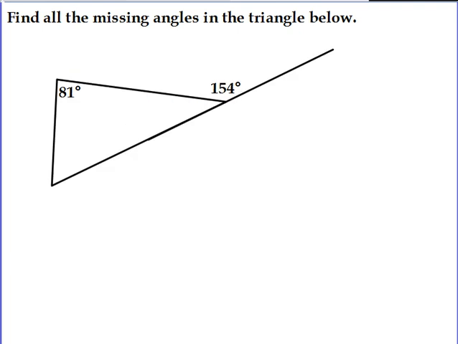Now again, we want to find all the missing angles here, so we have two angles to find. But we're only given one, so we can't subtract those from 180 just yet. But this is another vocab that we learned way back when. If I look, these two make a line. So to find this angle, this is called a linear pair.